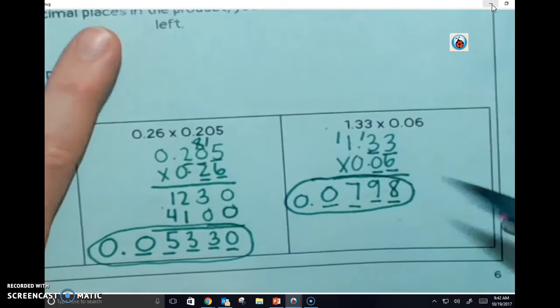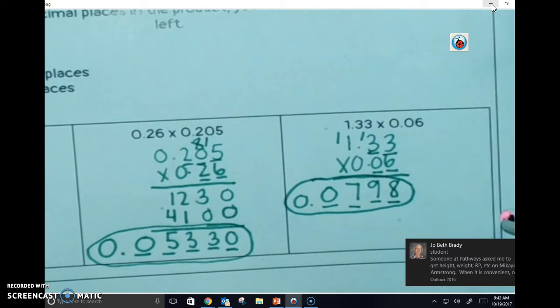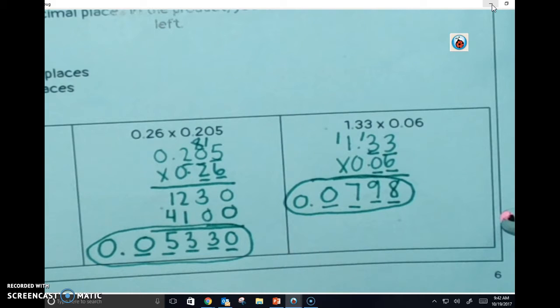Are there any questions? You couldn't drop it straight down, no. Because you have to count.